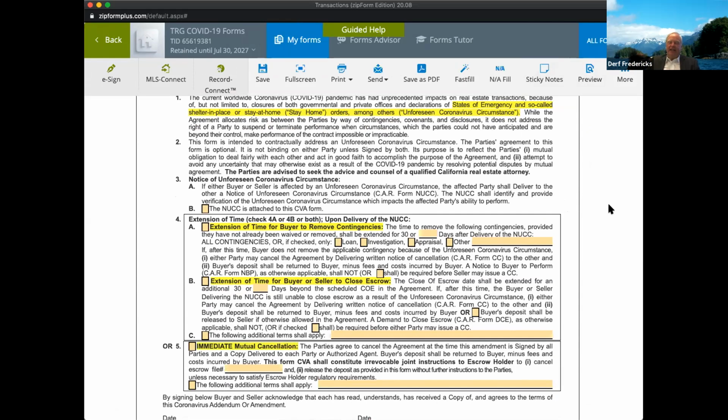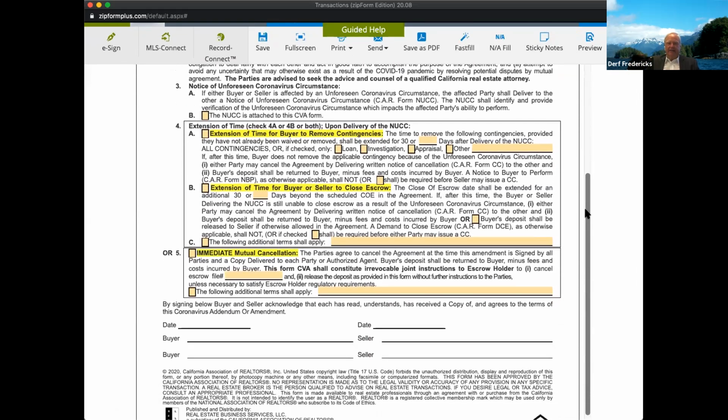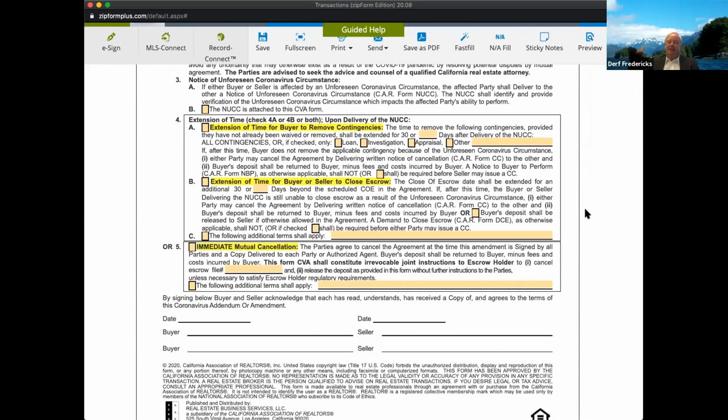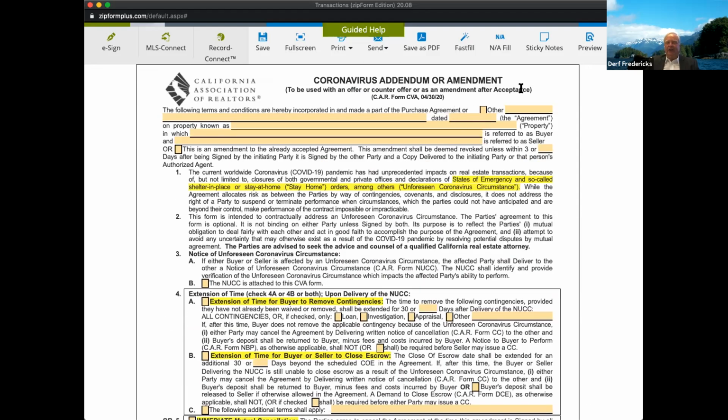So if you have your client sign this up front, and again, this is the buyer and seller. If you look at the top of this form, it's only used after you have an accepted contract.